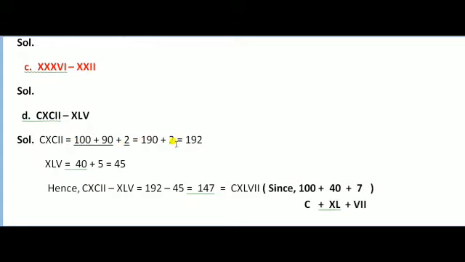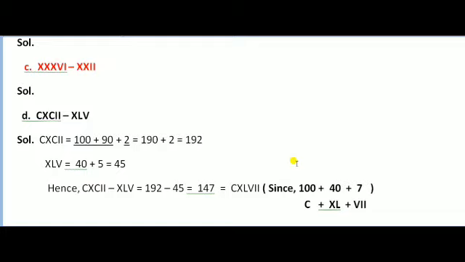When 2 is added, it becomes 192. Next XLV. XL stands for 40, V stands for 5. When added, they become 45. Hence, the subtraction between these two numerals will have the value 192 minus 45. When we subtract 45 from 192, it is 147.